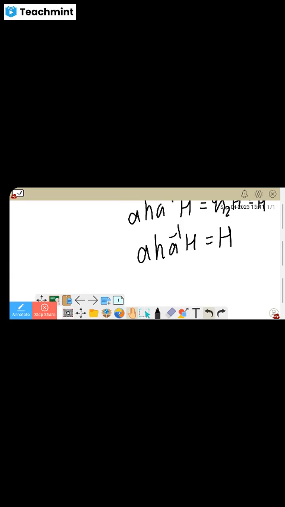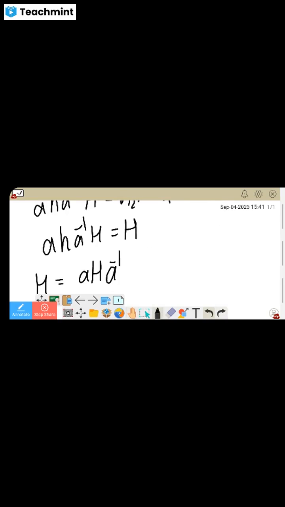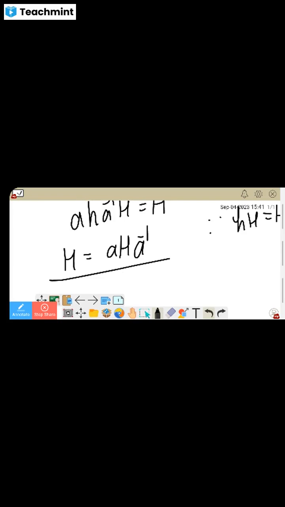or H is equal to aHa inverse, because this H into H gives this. Since I'm writing it since H into capital H is equal to H. So we have this.